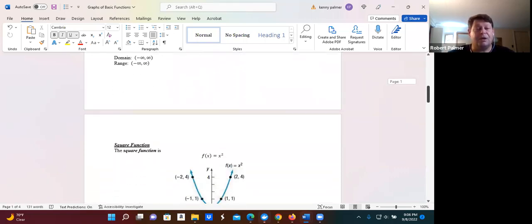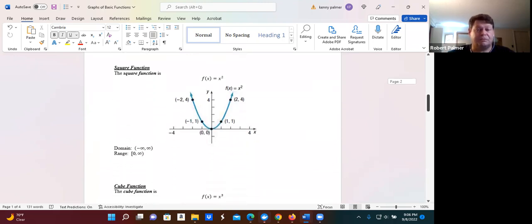Next, the square function. The square function is f of x equals x squared. Whatever x is, we take it and square it. Remember, anytime you square a number, it's always positive, no matter whether it starts out positive or negative. On the graph, we see it's a parabola. Plug in 1, you get 1.